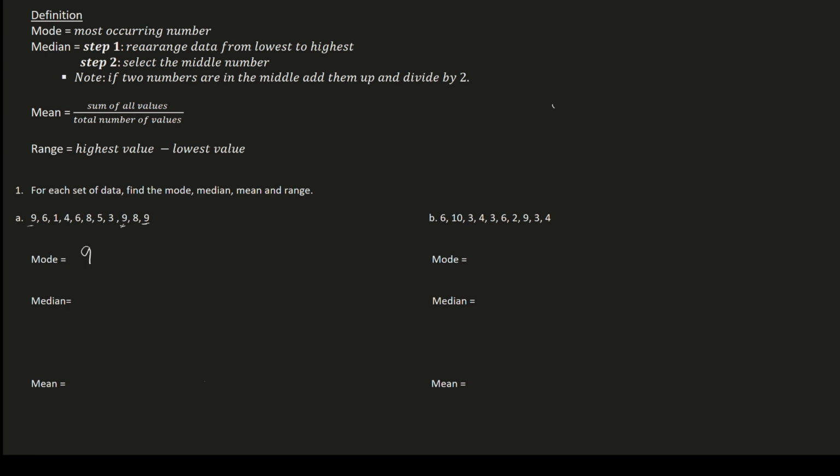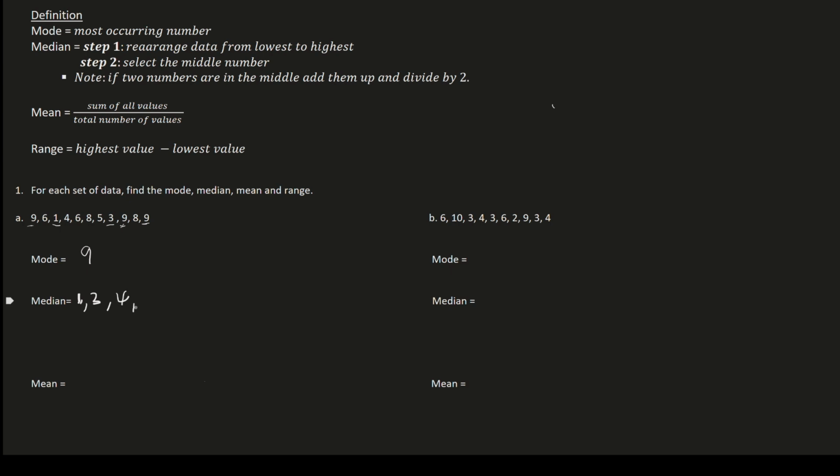Then working out the median, it says step 1, rearrange the data. So we will arrange this data where we have 1, 3, 4. How many 4s do I have?